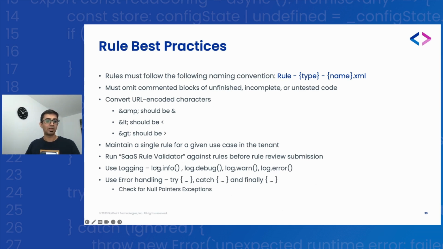For logging, we need to use log.info or log.debug, depending on the depth of the logging. We always recommend using error handling, try catch, when you're making an API call, and also make sure we always have null checks.